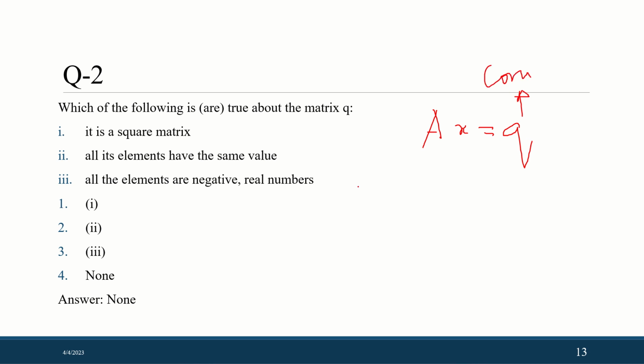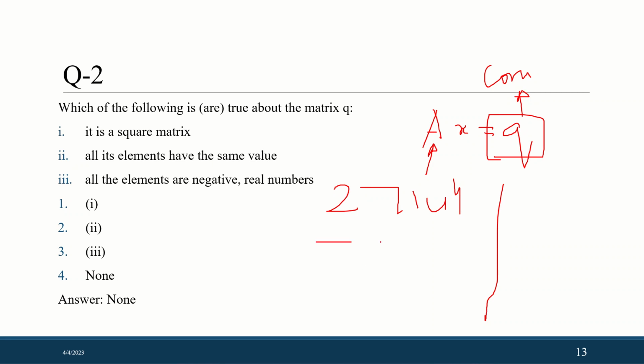There were 144 equations that were solved, so Q would be a single column matrix with 144 rows and a single column. So it is not a square matrix.